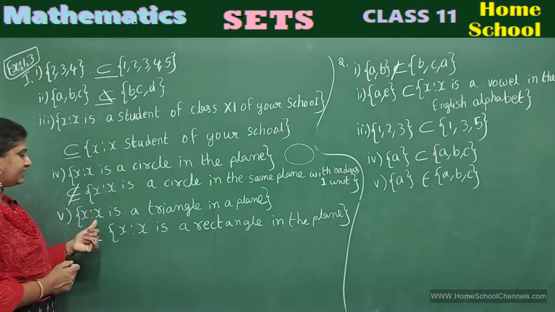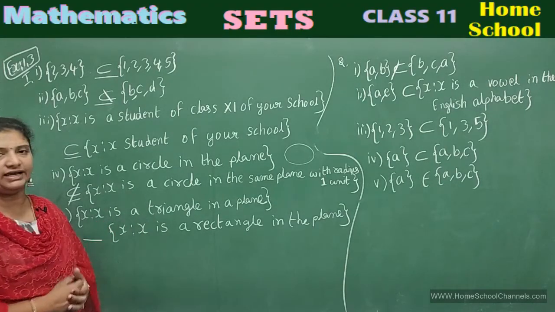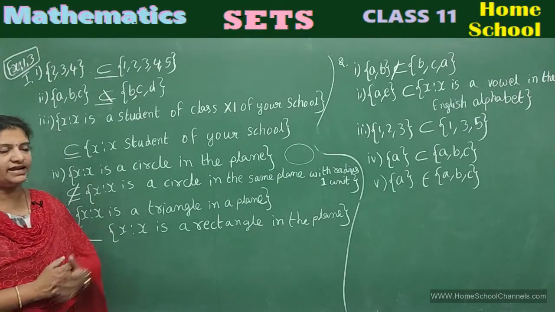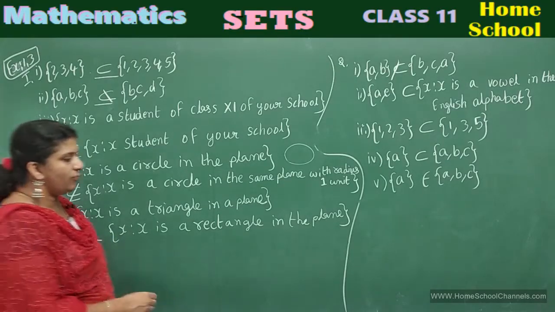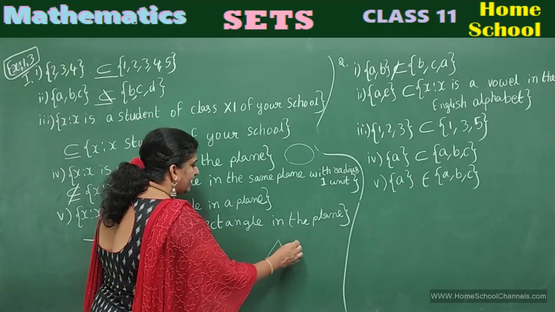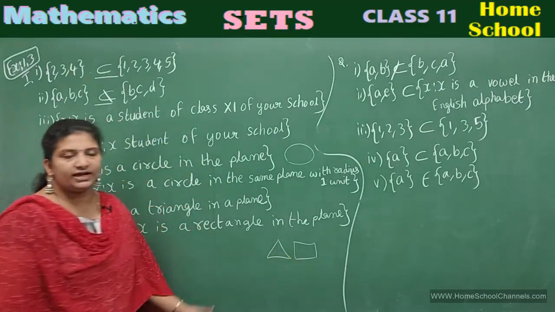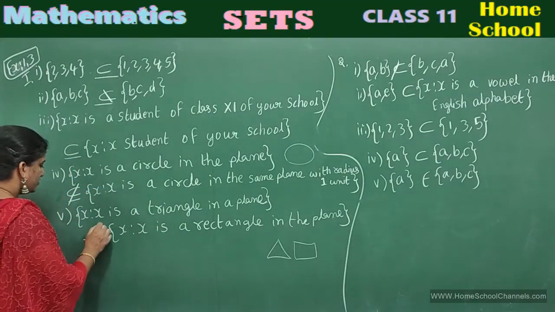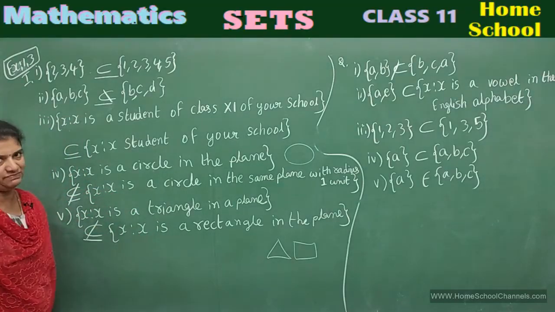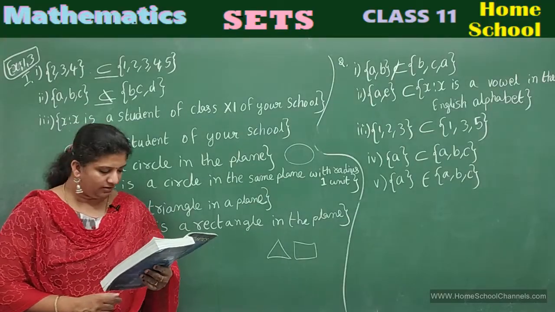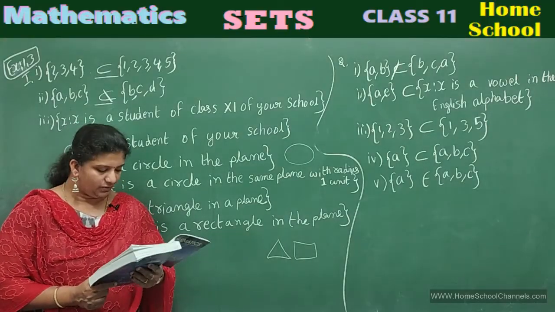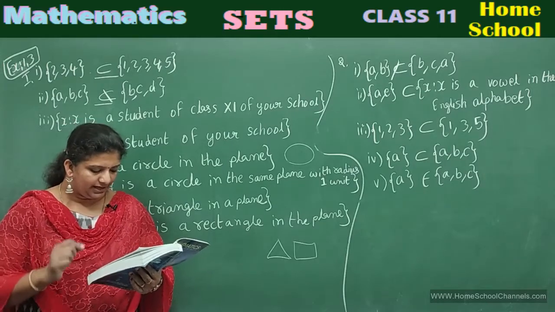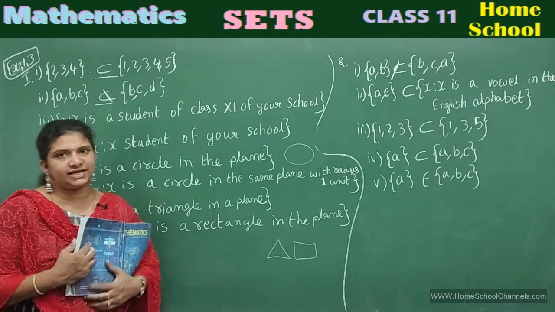See the fifth one, {x such that x is a triangle in a plane} and one more set, {x such that x is a rectangle in a plane}. See here, both are different figures, triangle and rectangle. So I cannot say that they are subsets of these sets. So what I can say, not a subset. See the last two here, {x such that x is an equilateral triangle in a plane} and {x such that x is a triangle in the same plane}.